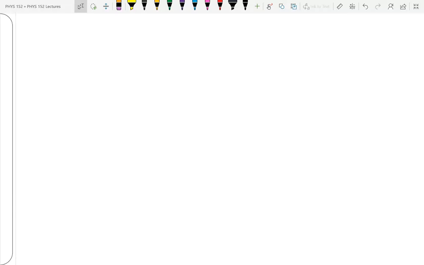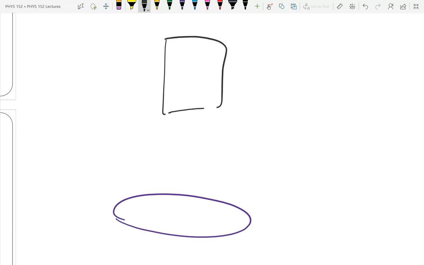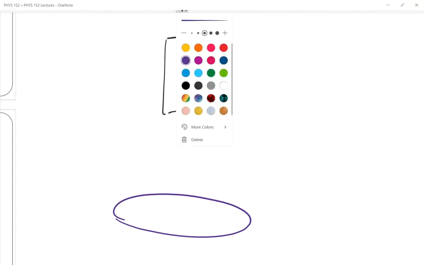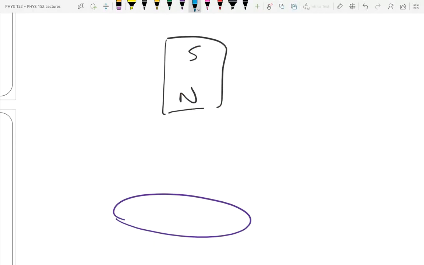I will draw a picture. Here's the opening. Here's my magnet. Magnetic field lines come out of north and go into south.